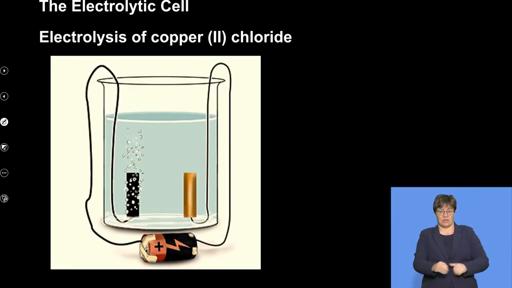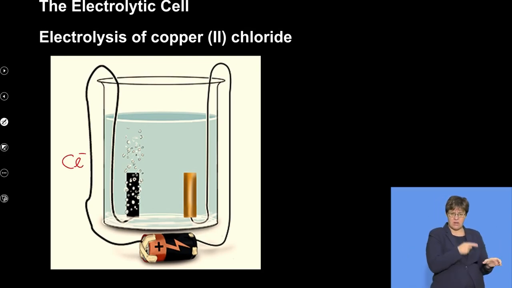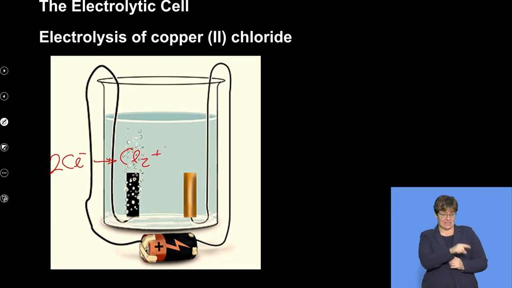Let's move on. And if we look at electrolysis in the electrolytic cell, we recognize here that these cells don't all look the same. But there's an important thing that's happening here. Chloride ions are losing electrons to form chlorine gas, and we've got 2 electrons being lost.